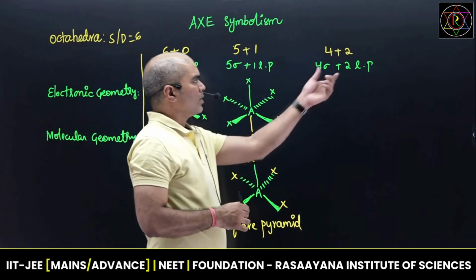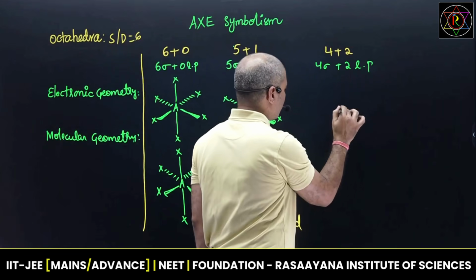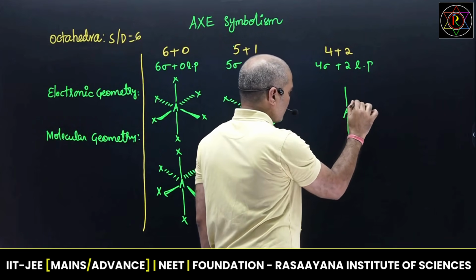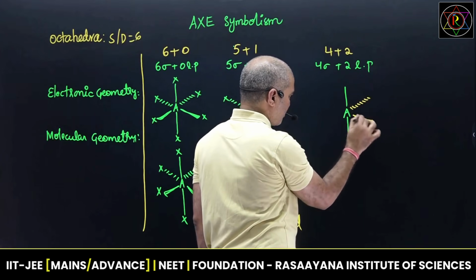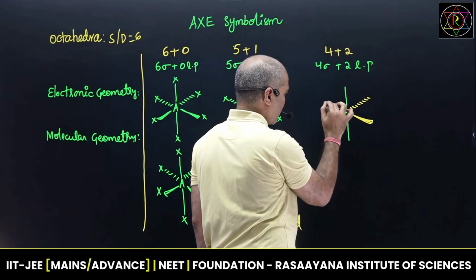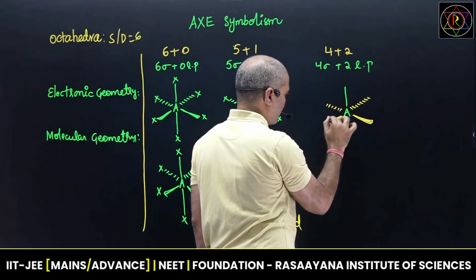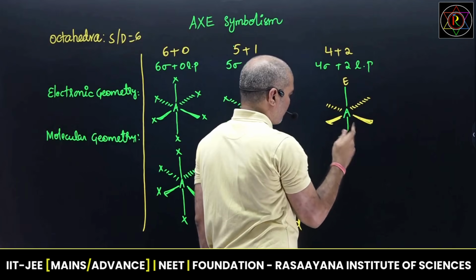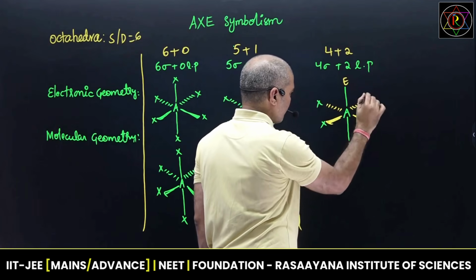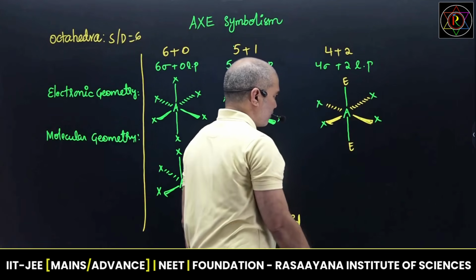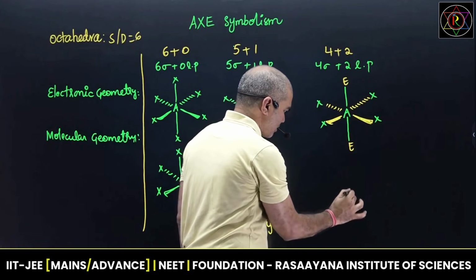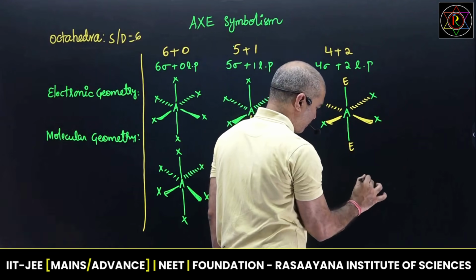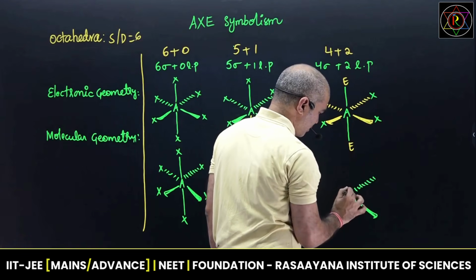Then the 4 plus 2 combination. In 4 plus 2, the lone pairs should be given maximum separation. In this case, lone pairs are not drawn. I am drawing only the bond pairs.